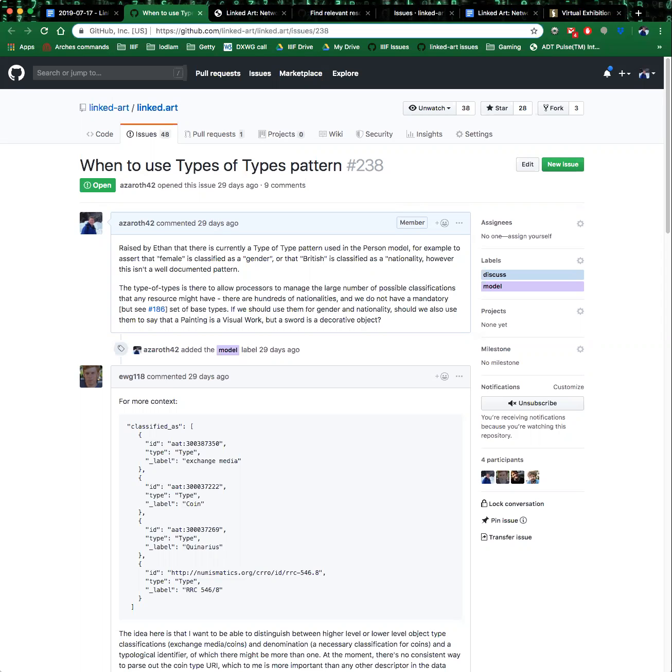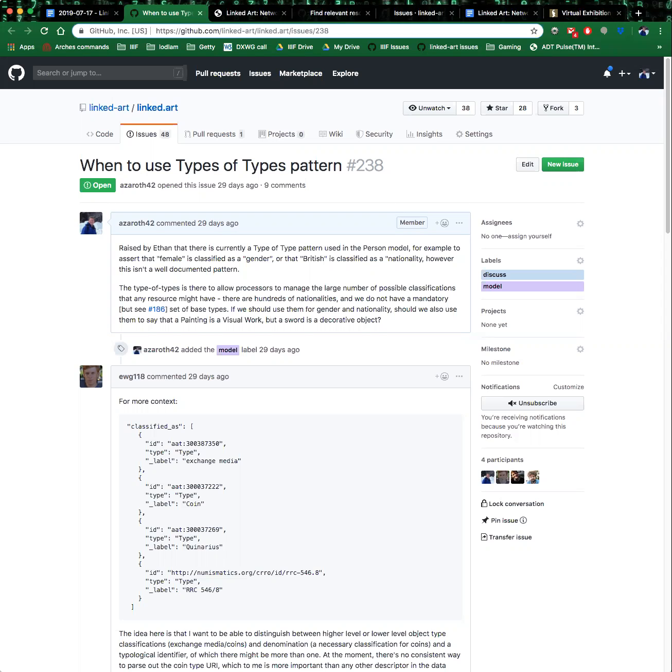So carrying on from that discussion, it seems like the next step is when should we use the types of types pattern such that consumers of the data know that this particular type is being used as a nationality when that type comes from a very long list that they can't possibly know in advance, or even genders.